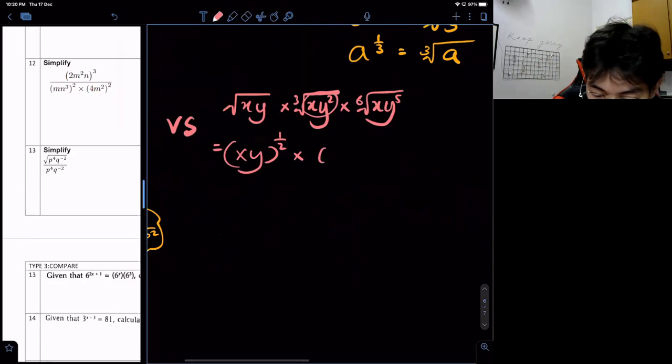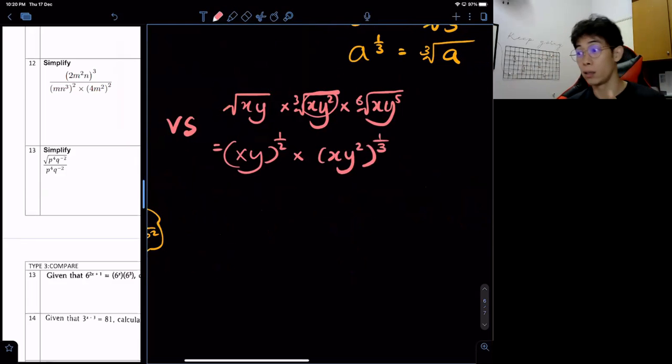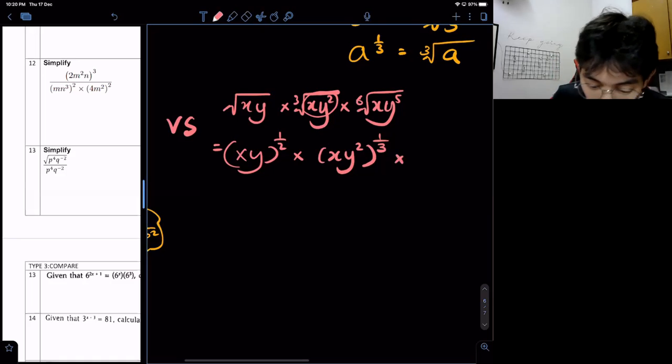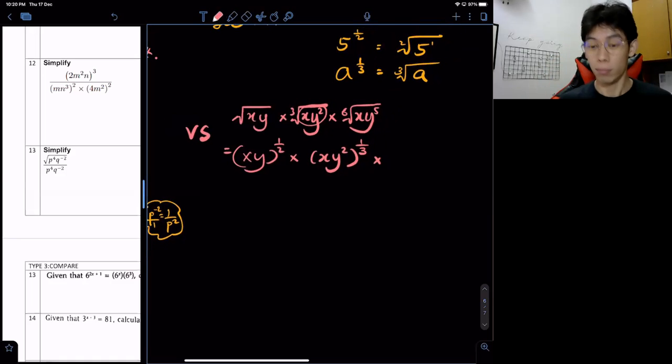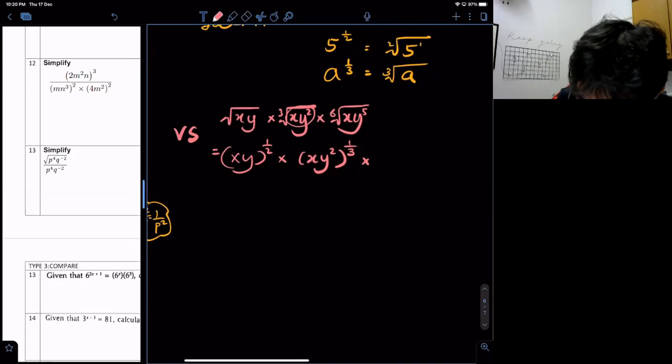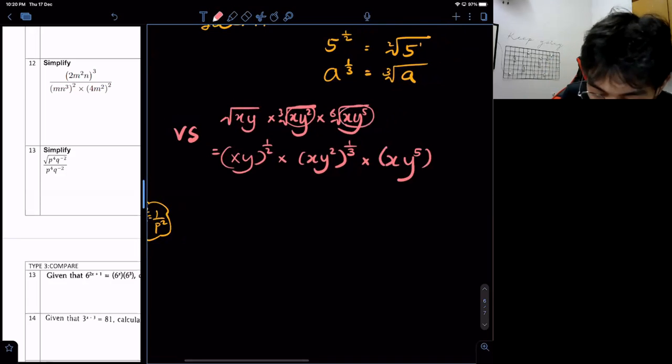So I'm going to write xy, bracket 1 over 3. Be careful. Times with, be careful, xy 5 bracket, I take the whole thing. Then the root of 6, I put 1 over 6.